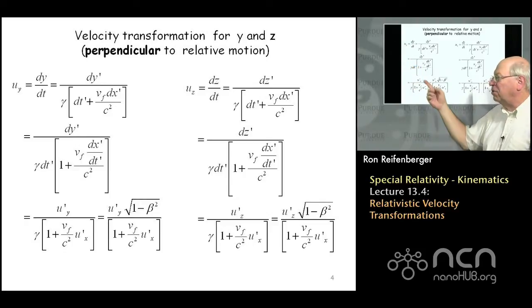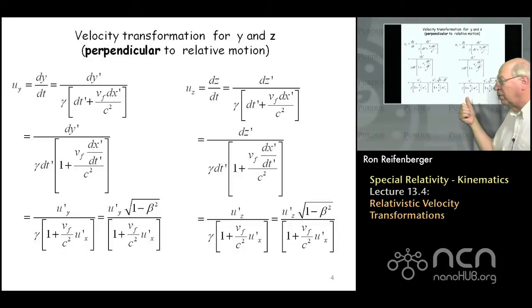The main difference is that this factor gamma, which canceled when we did the calculation for u sub x, doesn't cancel here. That persists and gives rise to different forms of the velocity transformation for the y component.